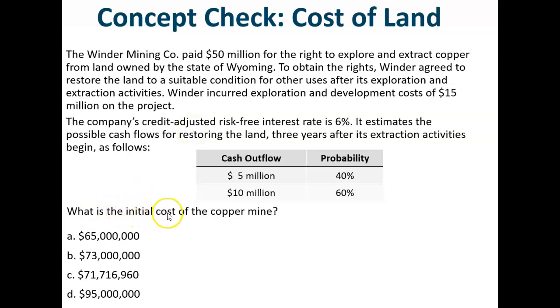What is the initial cost of the copper mine? Please pause the video to prepare your calculations. You might find it very helpful to refer to illustration 10-6 as you do your calculations. After choosing your answer, please start the video again to check your work.